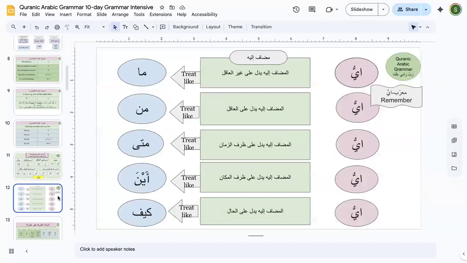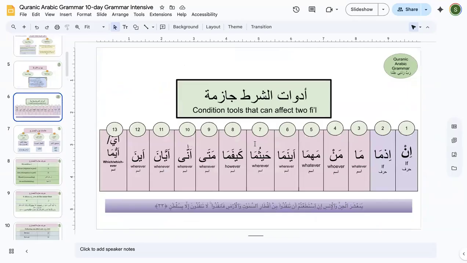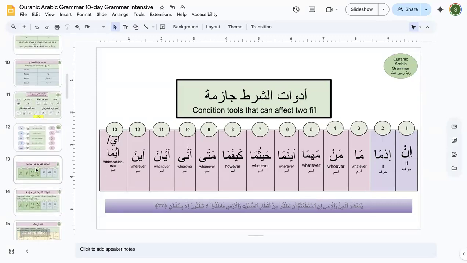It will depend on its mudaf ilayhi. It is also a question word, Nazneen, but it is also an ismu shart as well. Okay, so in your slide, you are going to find it as ismu shart. Okay, is this clear? Everyone, ayuma is included in the category. Okay, so everyone should be aware of that.